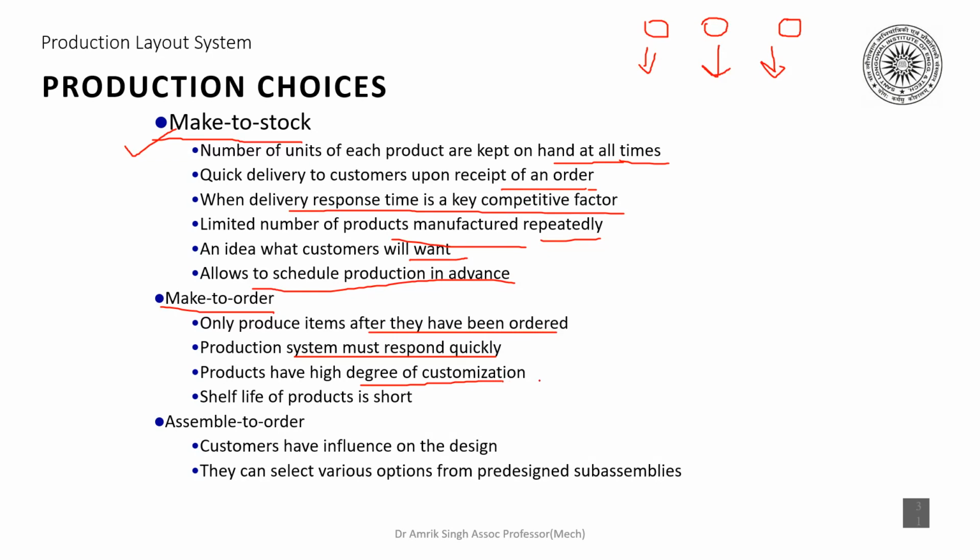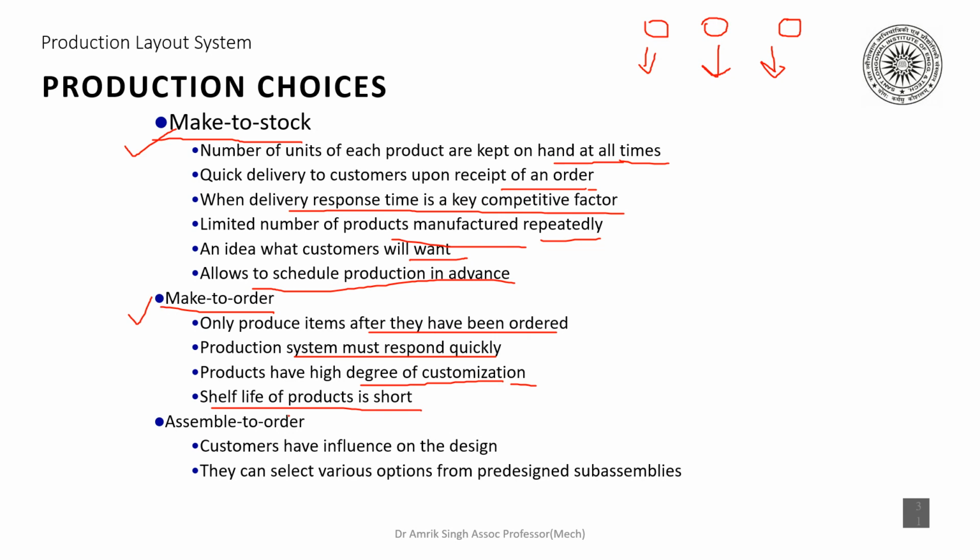If you want a specially made suit, or a tailor-made printer, or you want an assembled PC which is tailor-made, of a high degree of customization, he will make it only when you place the order.